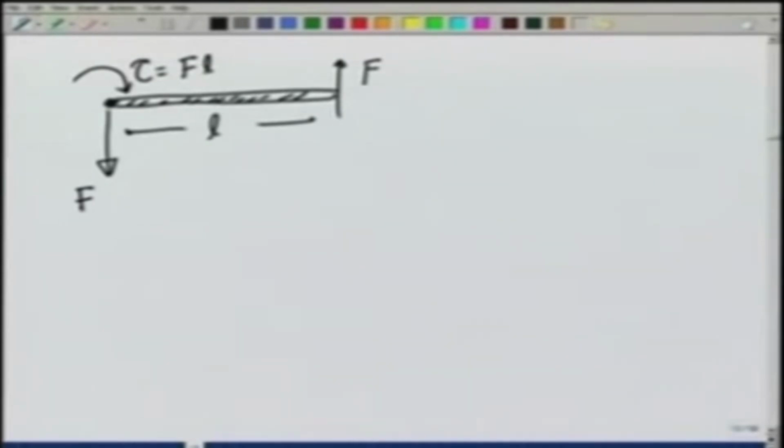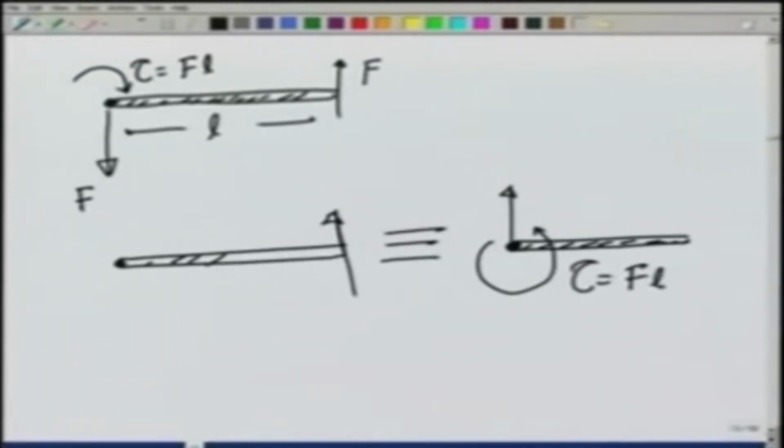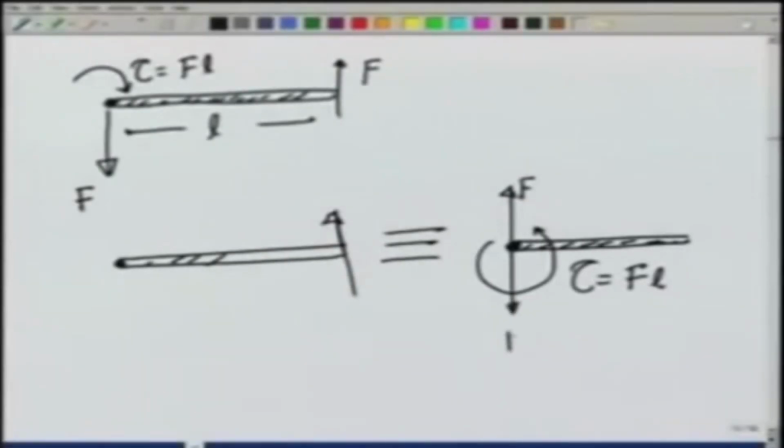In other words, what I can say is that this force is absolutely equivalent to a force F at the pivot point and a torque like this of the amount tau equals F L. So that if I want to keep this rod in equilibrium, I need to apply at this point a force minus F and a torque like this.